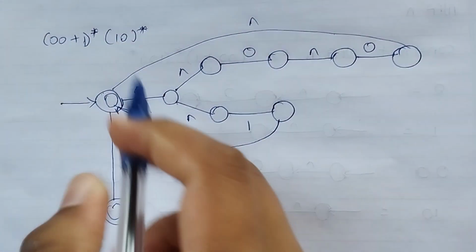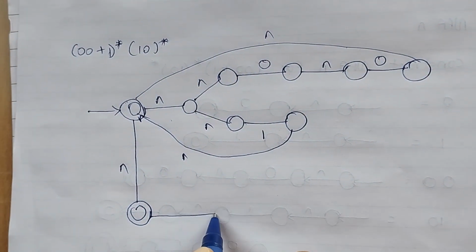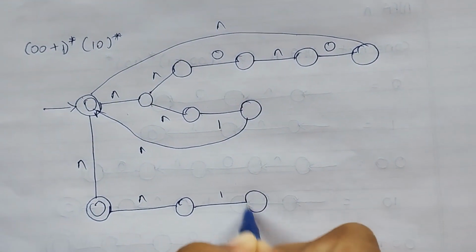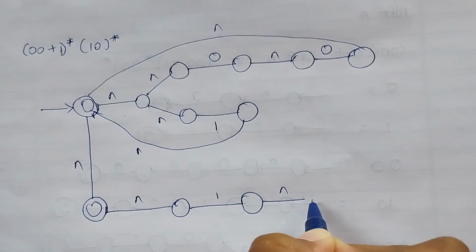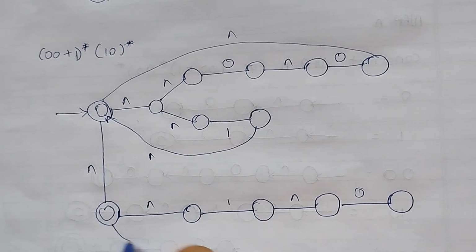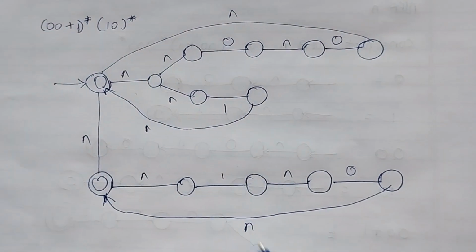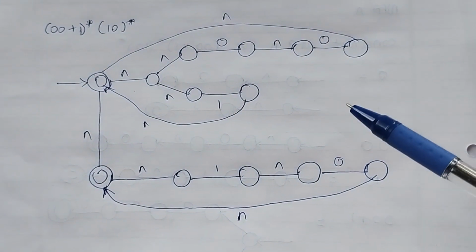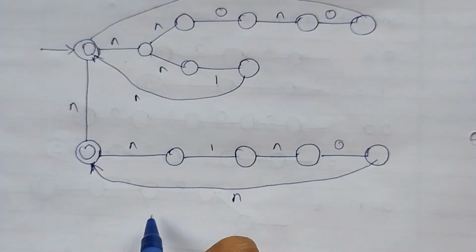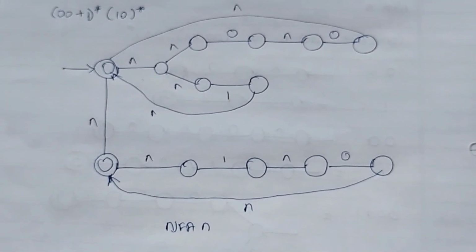So this is the initial state for this 1 0, so we pass a null value here, and then again as usual we draw first a null state, then 1, then null and 0, and this state is connected to this initial state with null, and this is the final 0 0 plus 1 star into 1 0 star. So this is our final NFA null. I hope all of you get an idea about this.